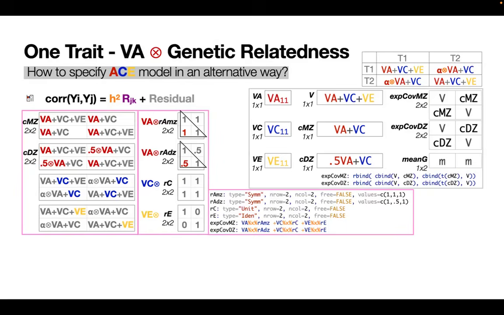So if we generate all these new matrices with the specific type, symmetric for the genetic ones, full or unit for the shared environmental one, and an identity matrix for the unique environmental correlations, then this gives us the same expected covariance matrix for the MZs and the DZs, but now expressed in a way that is similar to how the Haseman-Elston expectation is generated.